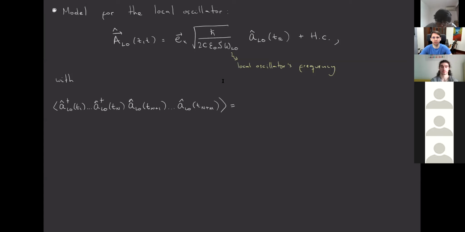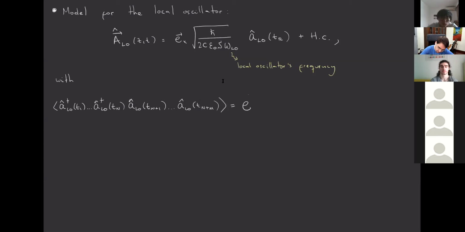If the source is coherent, this means that the output field is in an eigenstate of the output operators, a coherent state of the output operators. And then this quantity will just be a multiplication of complex numbers associated to each of the annihilation and creation operators we have.